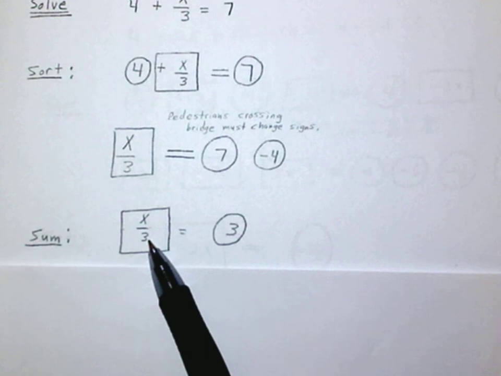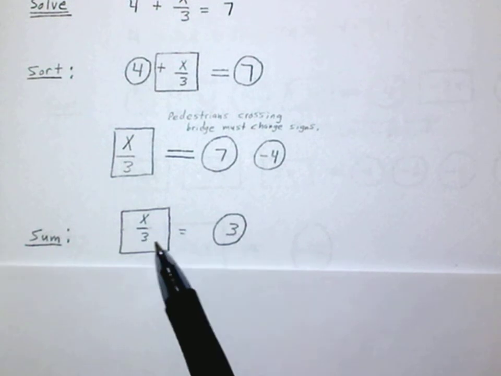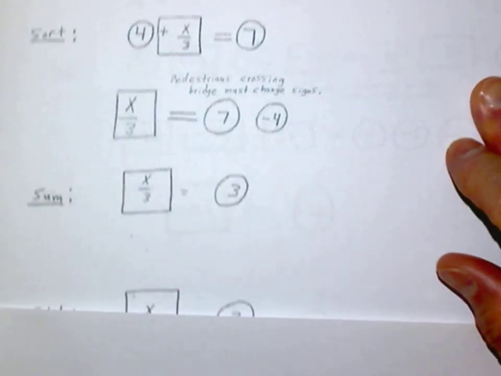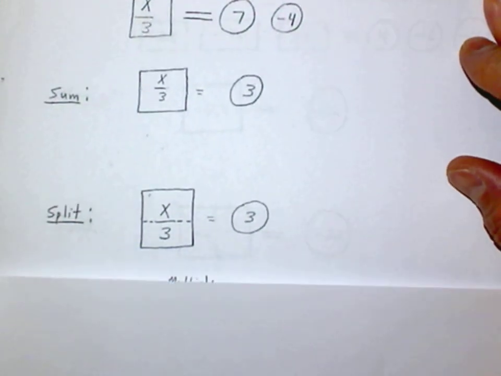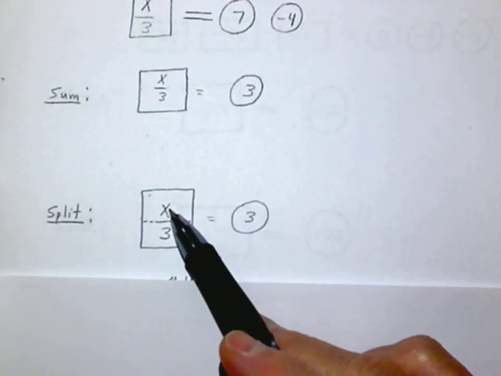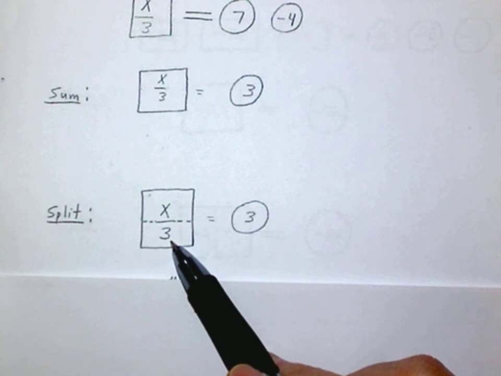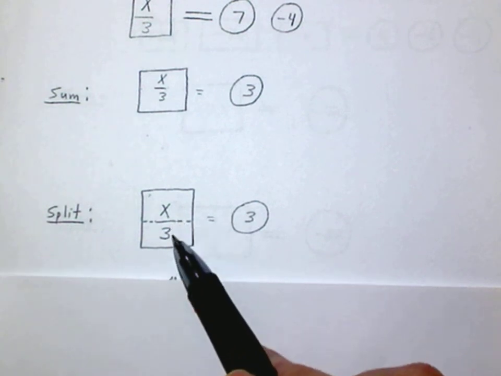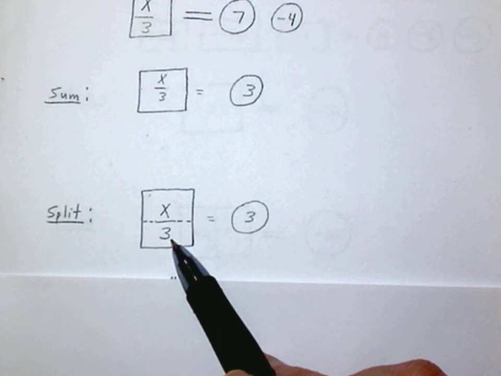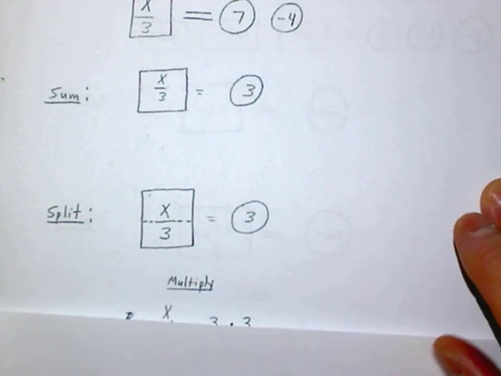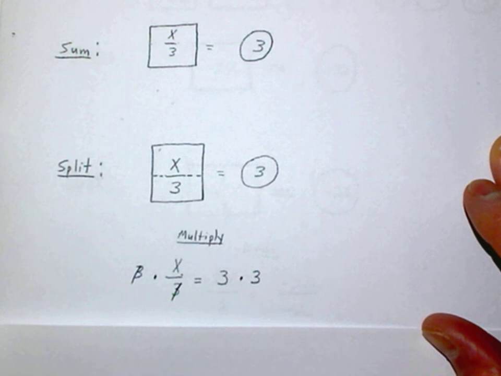How are we going to split that 3 out from under the x? When we have x over 3, that's the same thing as saying x divided by 3. Well, how do we undo division? We have to multiply. So we have to multiply by whatever number is underneath the x, which is 3. So I'm going to multiply both sides by 3.